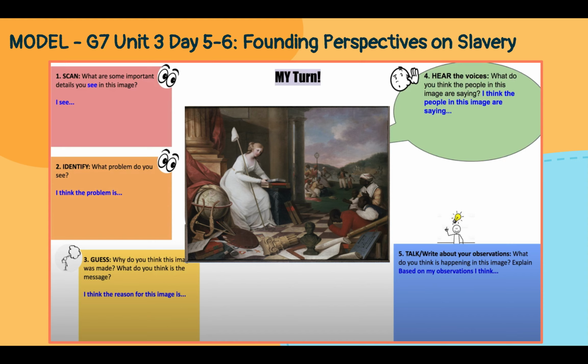Your teacher will provide you with this image for days 5 to 6 in Unit 3, Founding Perspectives on Slavery. You'll be able to use the SITE strategy to observe the details in this image and to come to a conclusion about what is happening in this image or why was this image created based on the details that you've gathered.